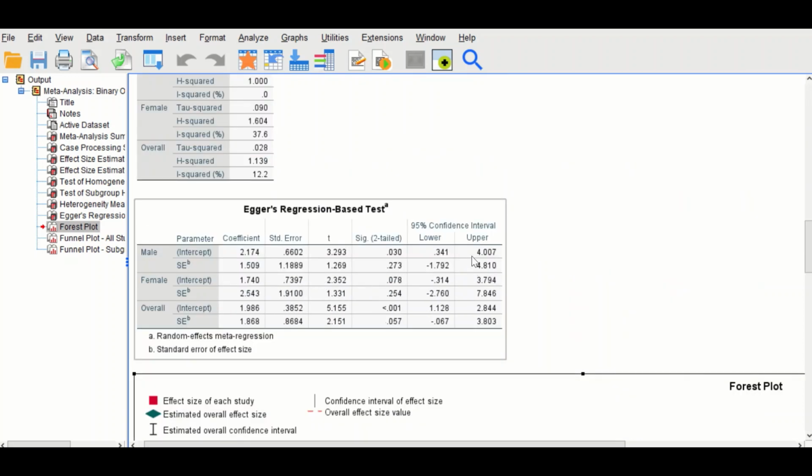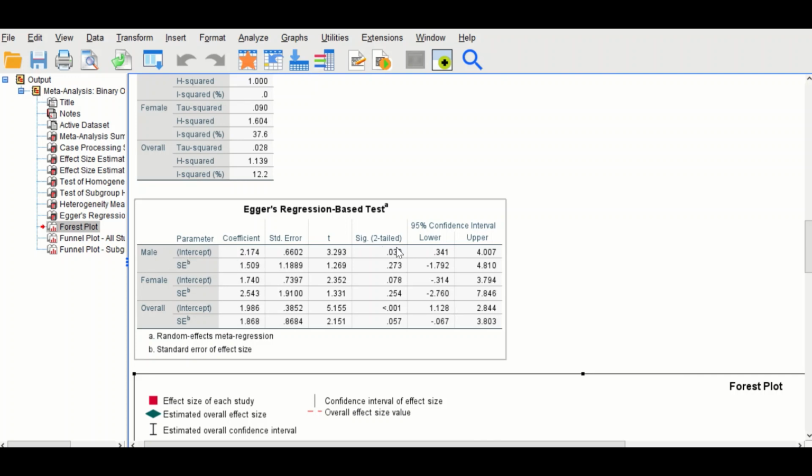Looking at the section for Egger's regression based test, which assesses the publication bias for the male group, the female group and the overall group. As shown here, looking at the p-value, it is less than 0.05. So we need the p-value here to be greater than 0.05.